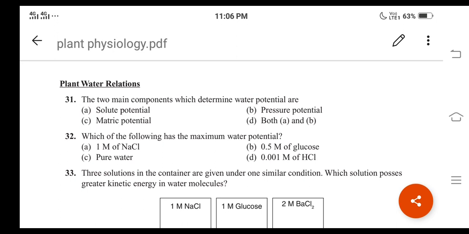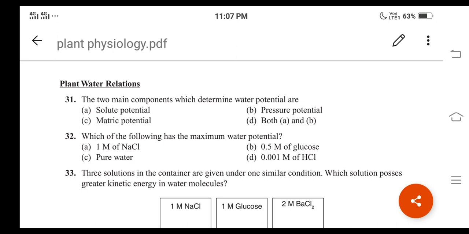We can write it as psi w is equal to psi s plus psi p. Psi w means water potential, psi s is solute potential or osmotic potential, and psi p stands for pressure potential. The two main components which determine water potential are solute potential as well as the pressure potential. So option D becomes the correct answer.